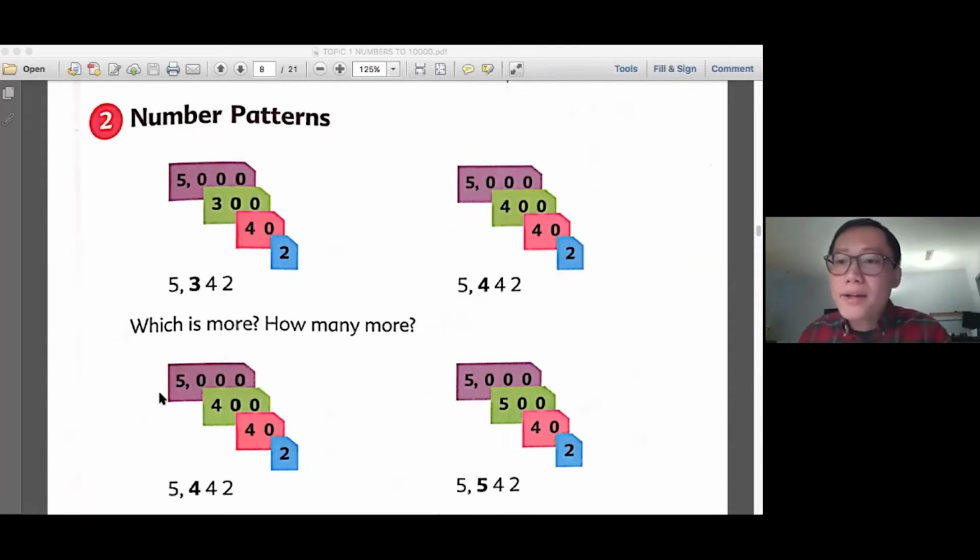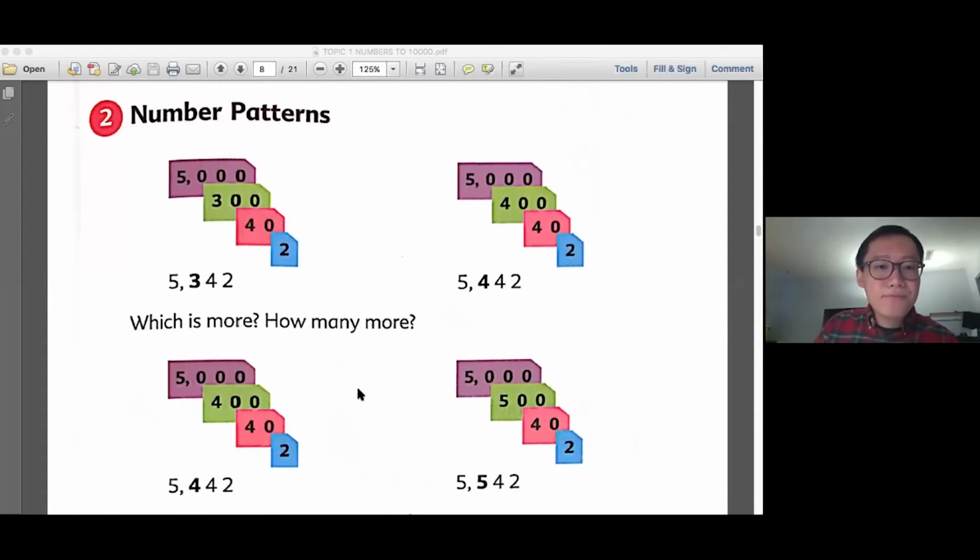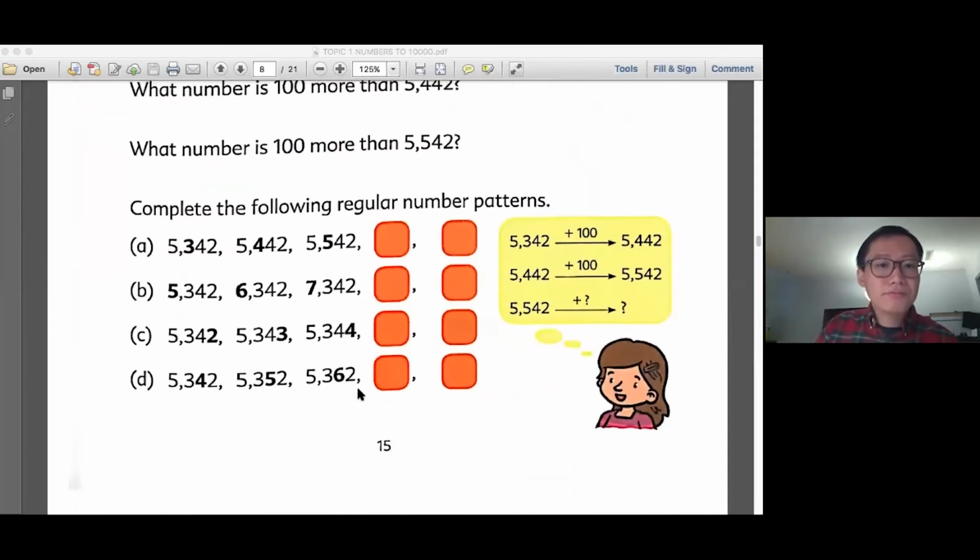If there's a pattern among the numbers, there's a common relationship for all the numbers. 1, 2, 3, 4, 5, up to 10 is a pattern: every number increases gradually by 1. 10, 9, 8, 7, down to 0 is also a decreasing pattern. So let's complete the pattern for part A.